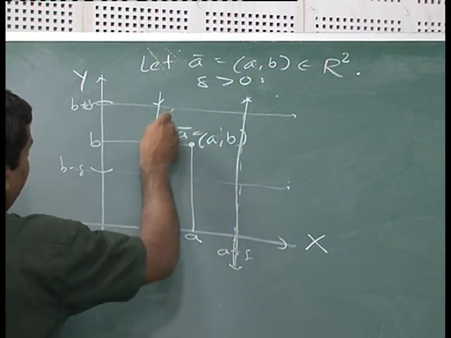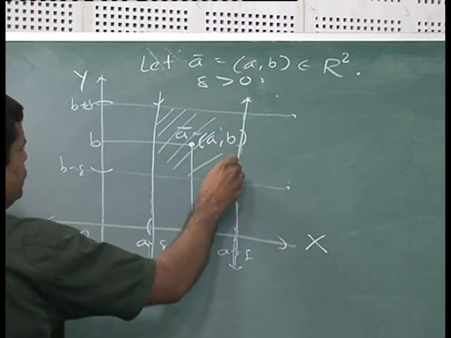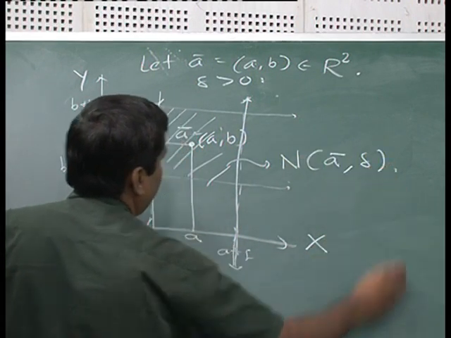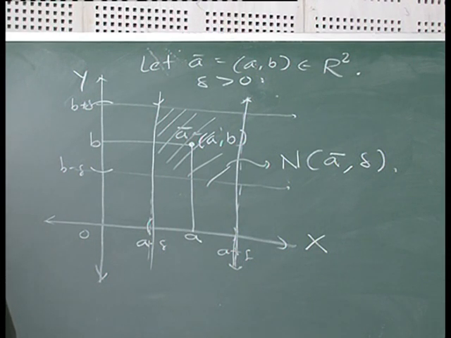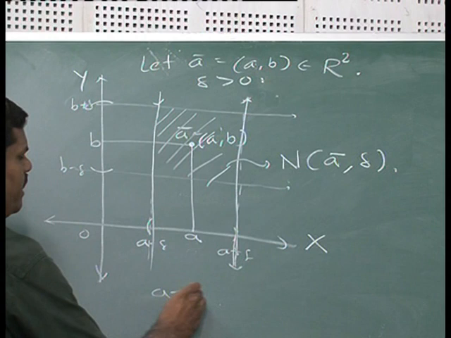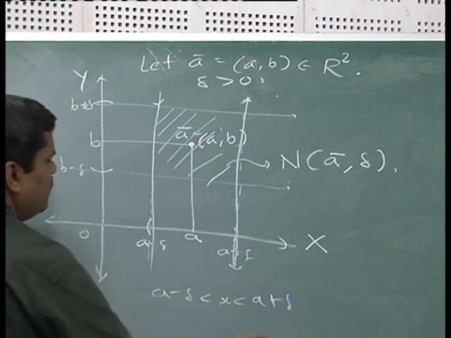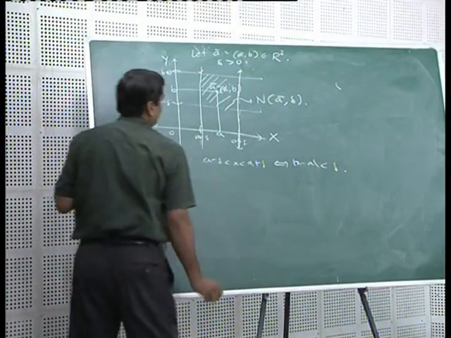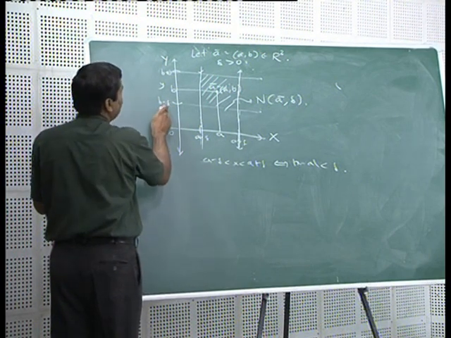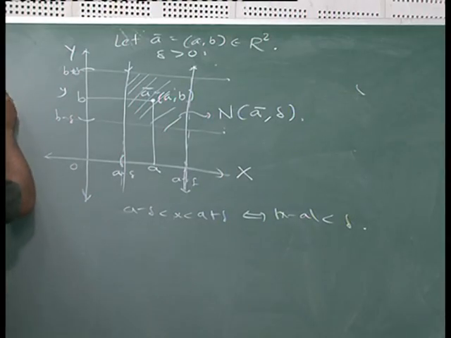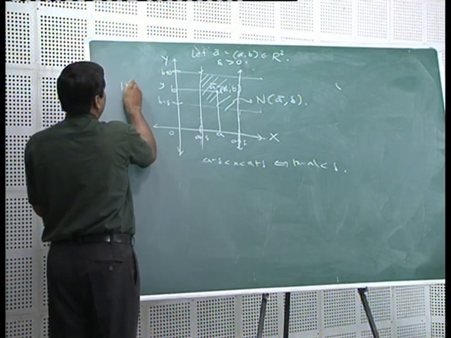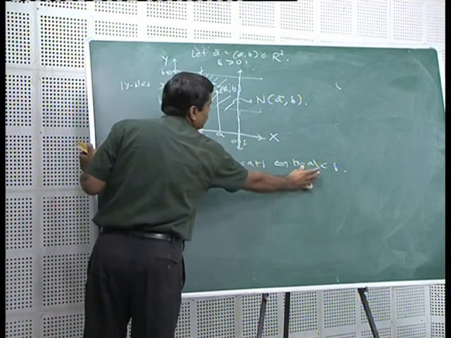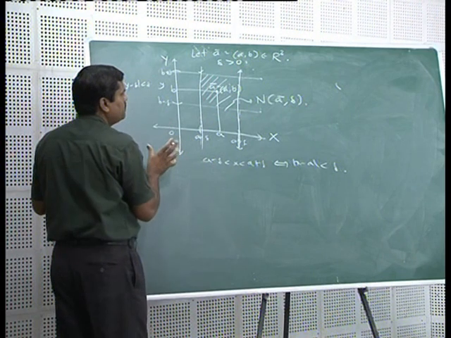This rectangle is symbolically denoted by N(A bar, delta). If you take any x here, then A minus delta is less than x less than A plus delta, which we can write as mod of x minus A less than delta. If you take any y here, it lies between B minus delta and B plus delta, so mod of y minus B is less than delta. All the x and y satisfying these conditions give the set of points.